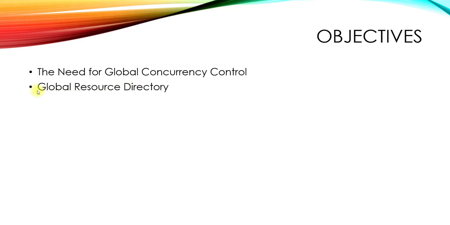The other piece we'll be discussing is the global resource directory. This is an important piece of global concurrency control. Okay, global resource directory, and how global resources are managed.